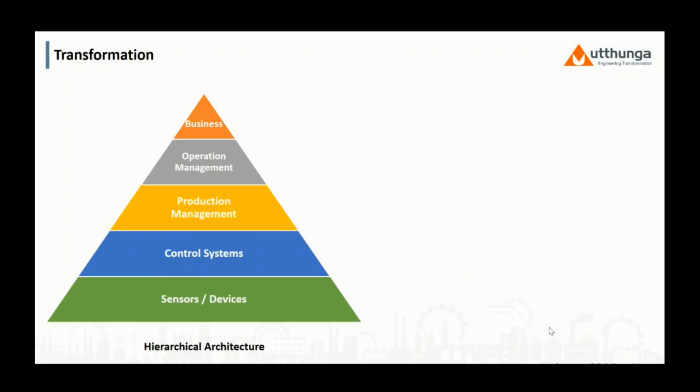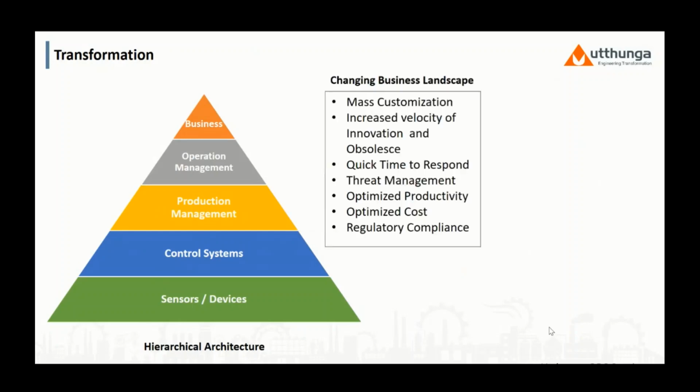But the business landscape is changing, and the landscape is about mass customization, and the velocity of innovation as well as obsolescence has increased. Everybody is under pressure to respond quickly, and new threats are always emerging.